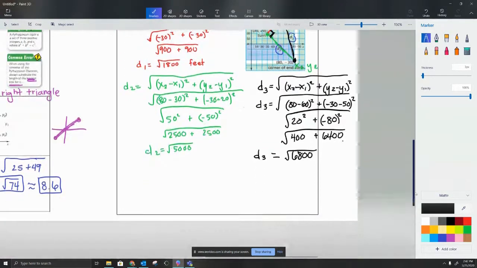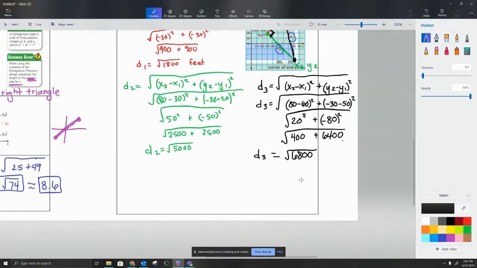So now that we have D1, D2, and D3, now we can actually answer the question, did he make a 90-degree turn? Okay, so the way we're going to figure that out is using the first skill we talked about, the converse of the Pythagorean theorem. So I'm going to use these distances I have now, a squared plus b squared equals c squared.